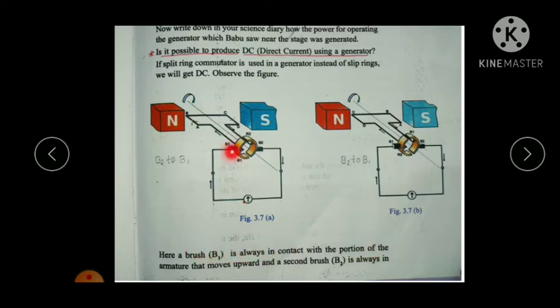So always this B1 comes in contact with the armature which moves upwards, and this B2 comes in contact with the armature which is always moving downwards. That is why we will get the current from B2 to B1. That is why the current flows from B2 to B1 during every half rotation.